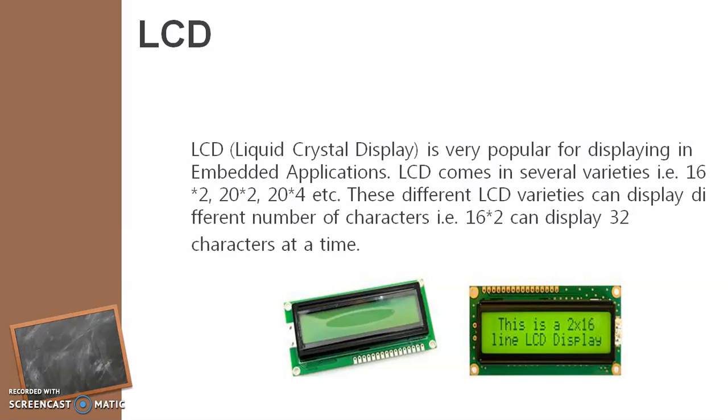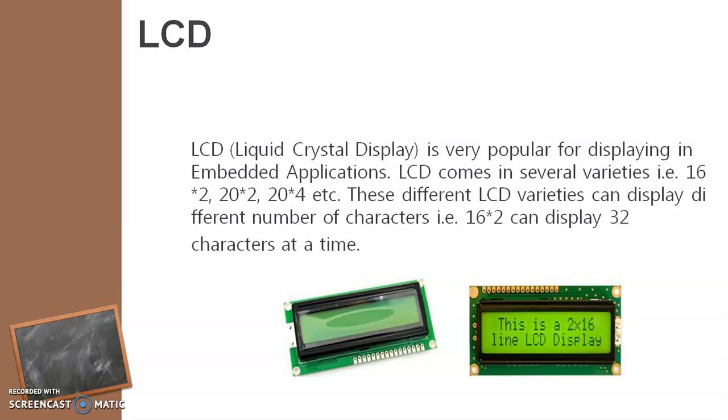The electric field changes the transmission or the reflection of light through the region, which makes the display glow up. The main aim of going for LCD display is that power dissipation is very less. It comes in various varieties, like 16 characters, 2 lines.